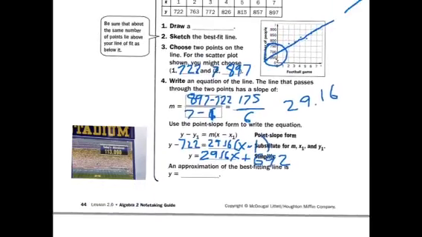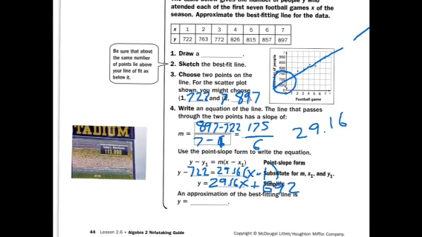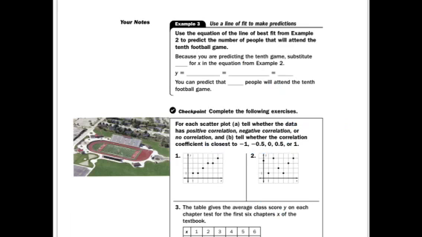And then it says an approximation of the best fitting line is 29.16x plus 692. Write that down somewhere. I need that.